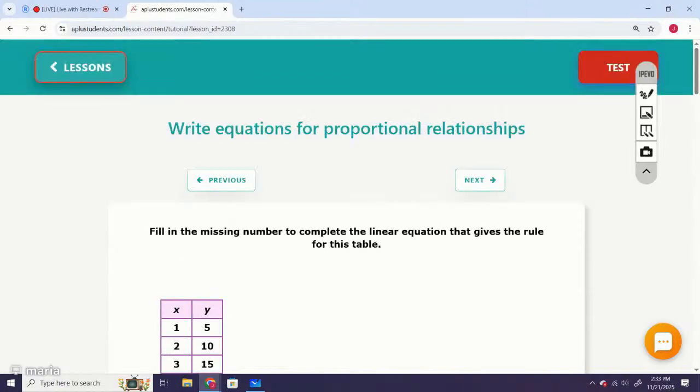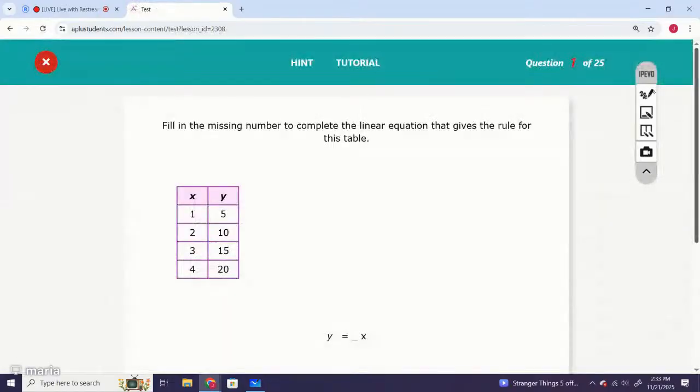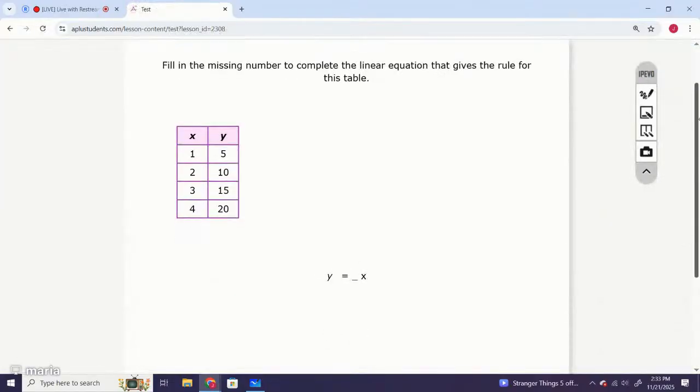Let's just start with the test questions. Find the number to complete the relationship that gives the rule for this table. So which is the correct option?